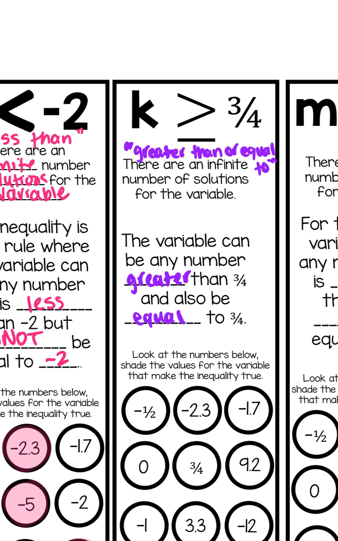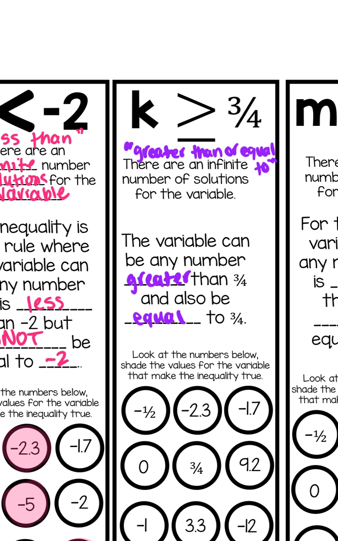So let's look to see which ones we think are solutions for this. If it has to be greater than 3/4, that's a positive number. Can any negative number be a solution? Hopefully you're saying no. So I know nothing on the top row is a solution because there's no way that is greater than or equal to 3/4. What about 0? 0 is less than 3/4, so that is not a solution. 3/4.